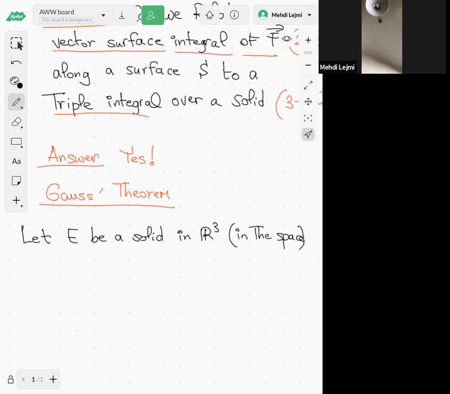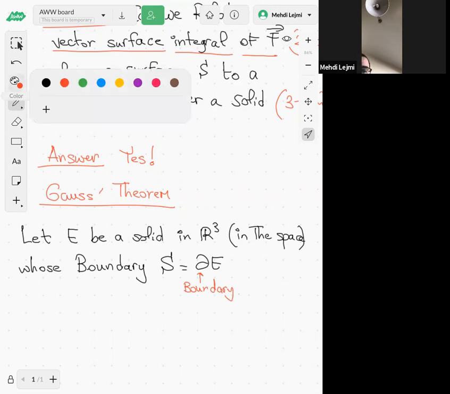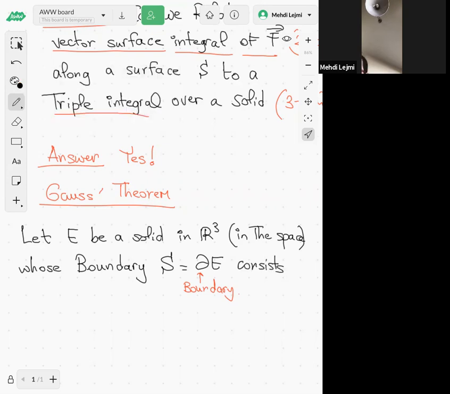This solid has some boundary, which is going to be a surface S. The boundary consists of finitely many smooth, closed, orientable surfaces.